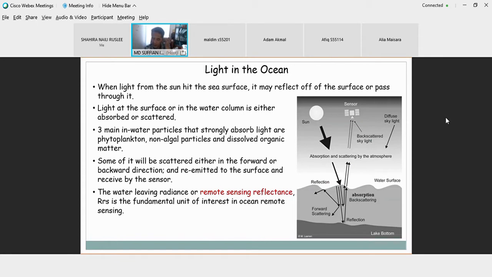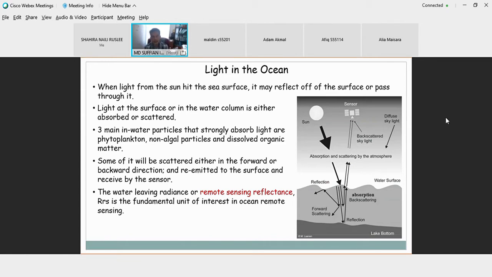The light that arrives either reflects back, or it is transmitted through the water column, or absorbed by it. So there are two important processes: absorption, where the light is absorbed, and scattering, where the light is redirected back.